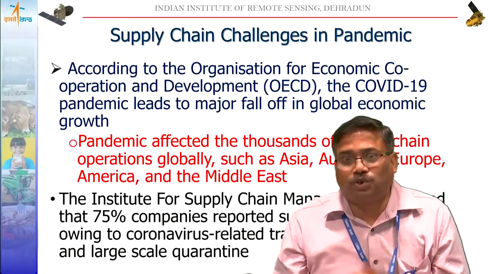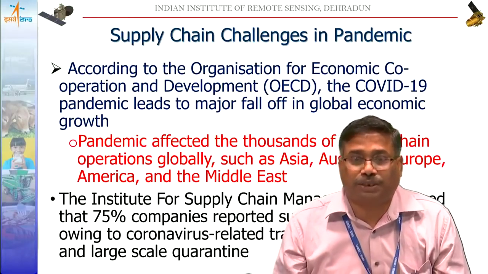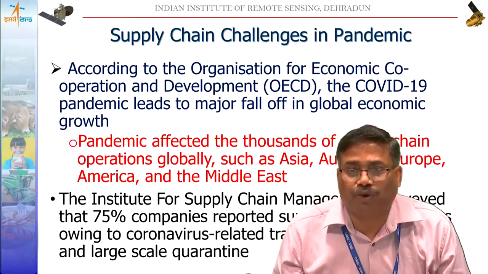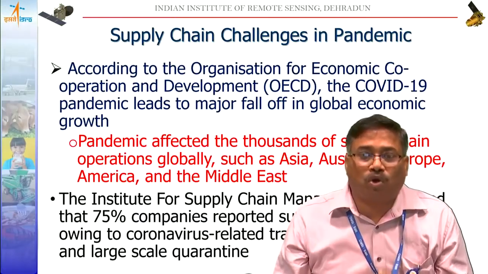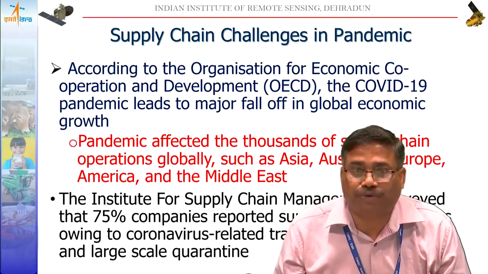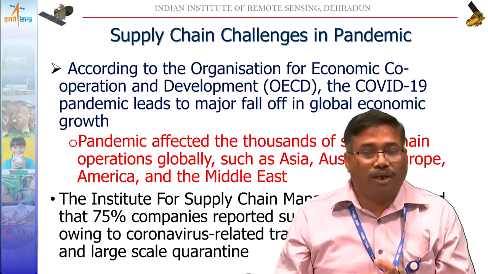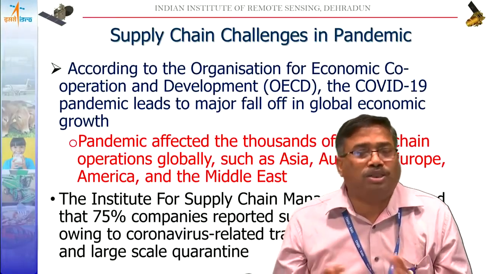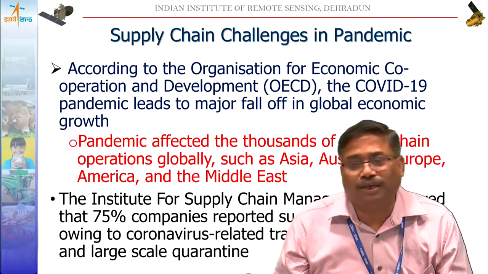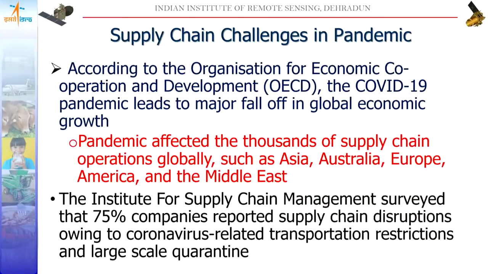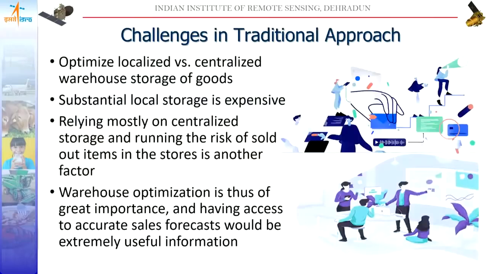In fact, the Institute for Supply Chain Management surveyed that 75% of companies reported supply chain disruption owing to coronavirus related transportation restrictions and large scale quarantine as well as lockdown. So with all these implications, you have to be ready to overcome these challenges so that you are able to provide the product to the consumer. Because if you are disconnected from your consumer, you will lose your business. So you have to make sure that if you adapt this technology, it can ultimately provide you good results.